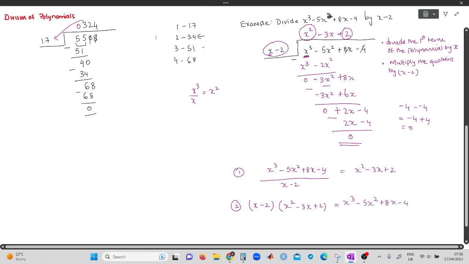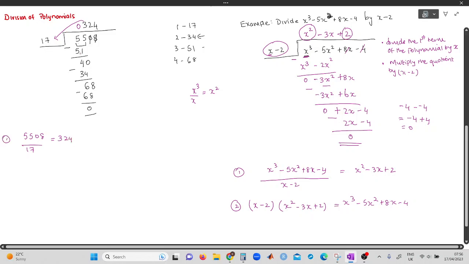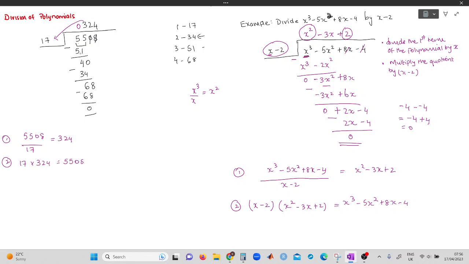Comme pour le premier exemple, 5508 divisé par 17, ça me donne 324. Ou bien, je peux dire que 17 fois 324, ça me fait 5508.